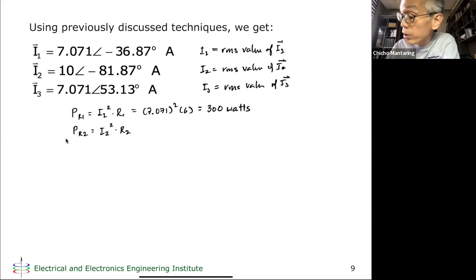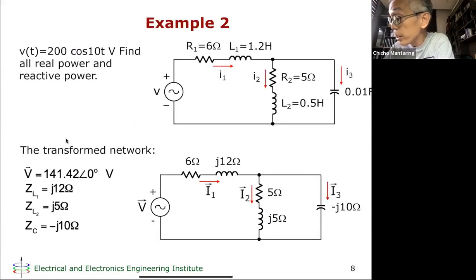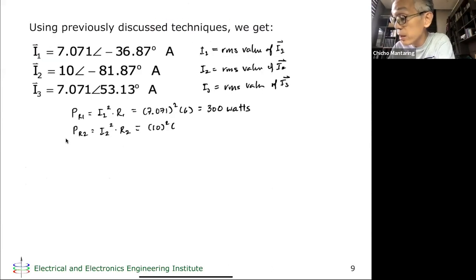That's why it's important to indicate whether the quantity you're working with is a complex number or not. So anyway, this is going to be 10 squared multiplied by R2. R2 is 5 ohms. So this is 500 watts.